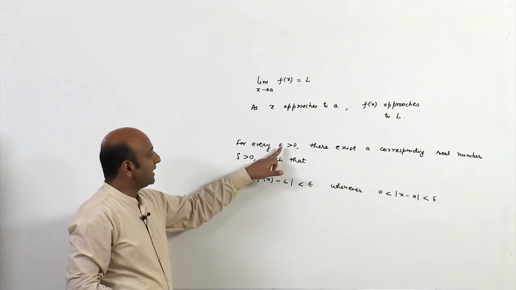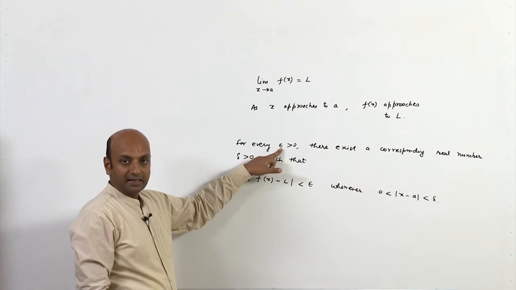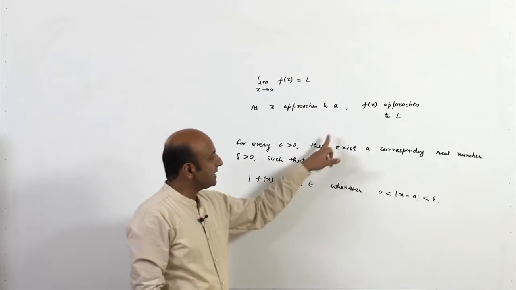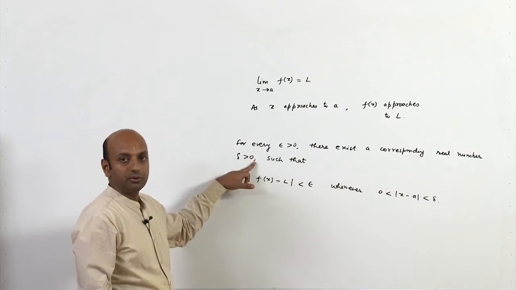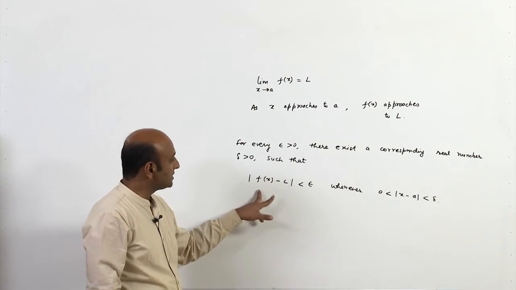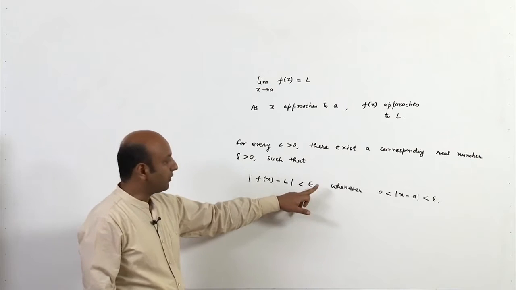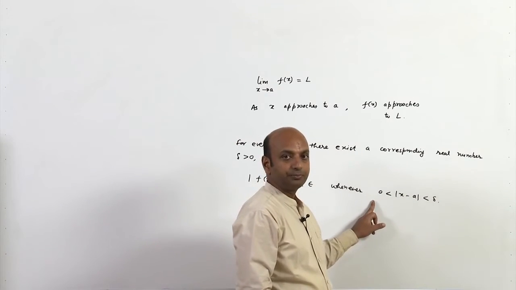You take any epsilon greater than 0, no matter how small or how large, there will always exist a corresponding delta greater than 0 such that the mod of f(x) minus L is less than epsilon whenever this quantity is less than delta.